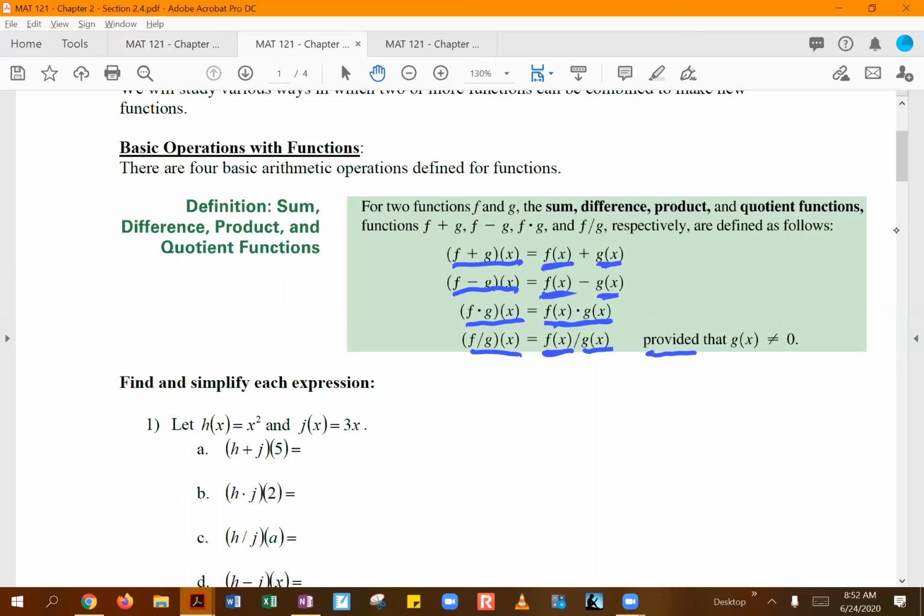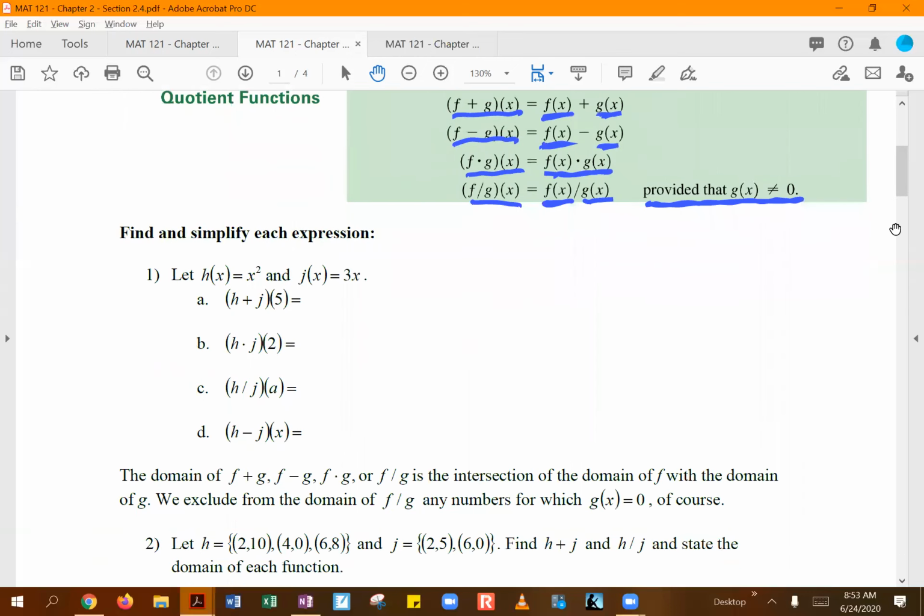So we actually have to put a restriction on the bottom function. And so we say as long as the bottom function is not going to be equal to 0, you should be able to find the quotient of functions. If your bottom function is going to be equal to 0, then we will need to place some restrictions on that bottom function. And we'll actually look at an example for that here.